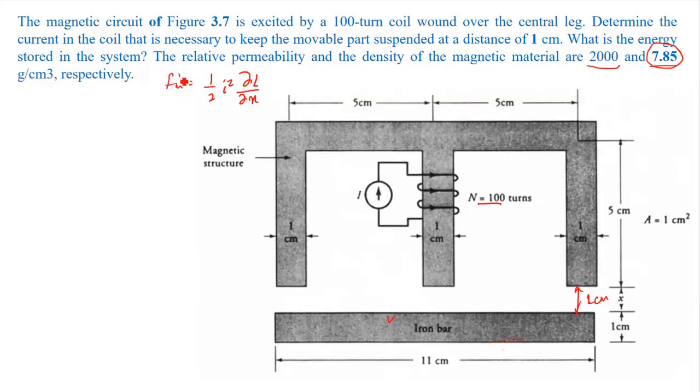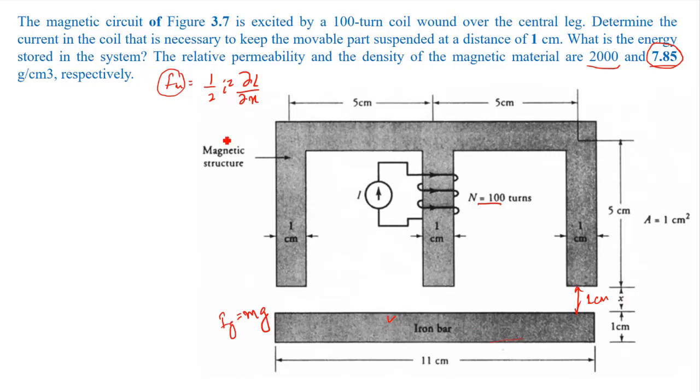So easily in terms of x by taking the derivative of inductance. And then after finding this force because of this coil, I can easily equate this force with the gravitational force that is being applied on this iron bar, right? So the gravitational force, obviously, is equal to mg, mass into gravitational constant, right?